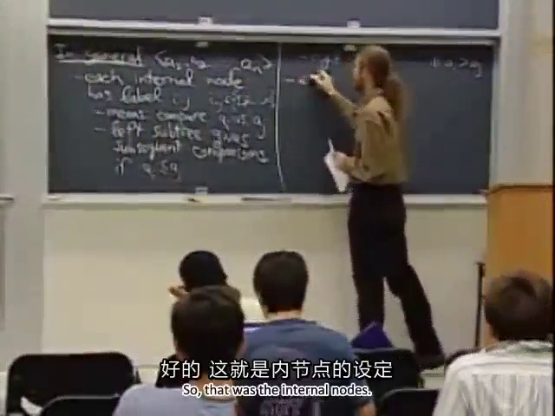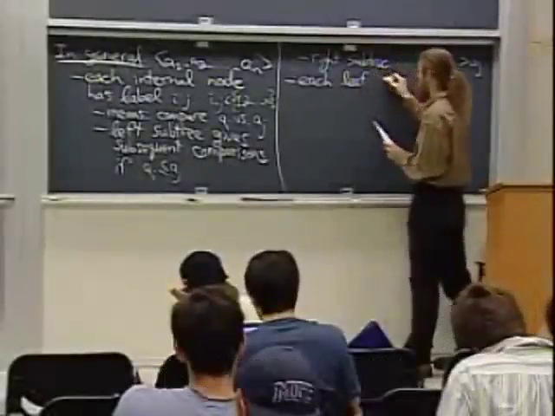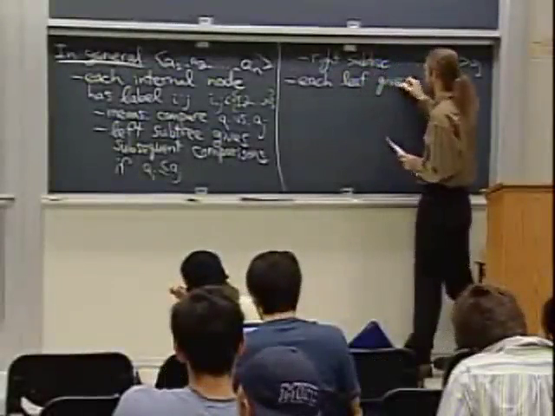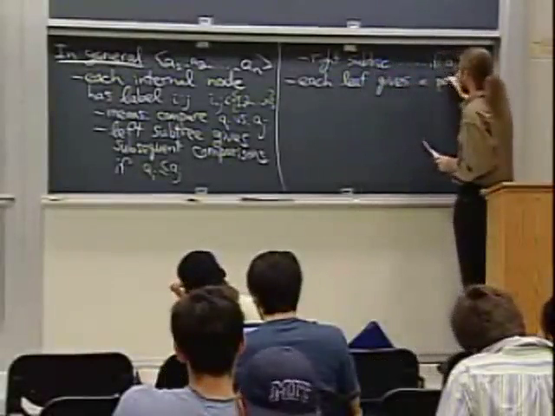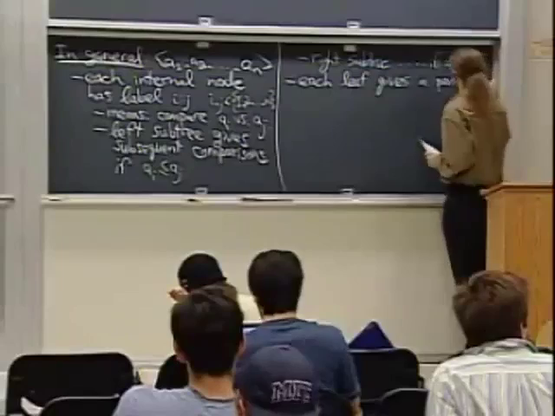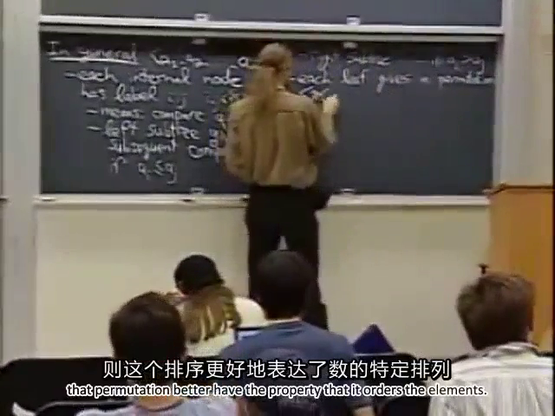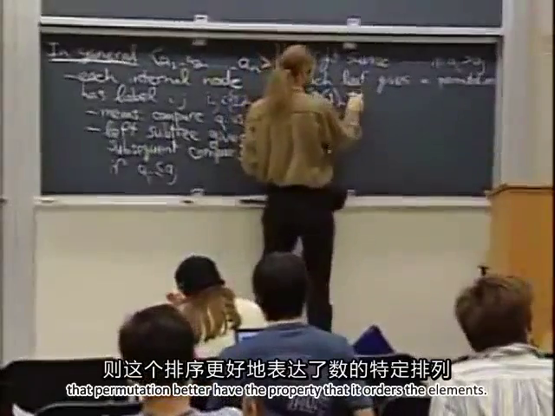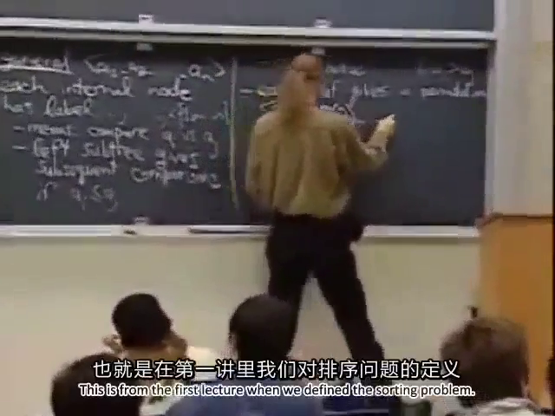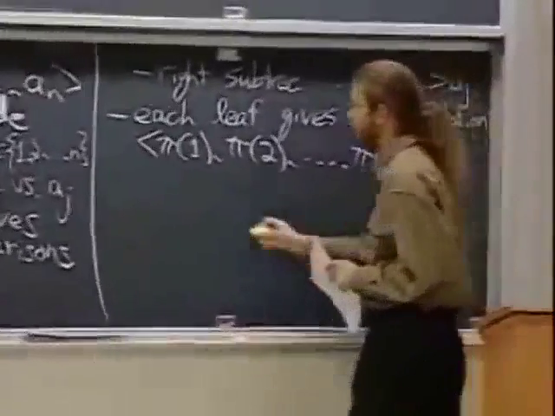So that was the internal nodes, and then each leaf node gives you a permutation. So in order to be the answer to the sorting problem, that permutation better have the property that it orders the elements. So this is from the first lecture when we defined the sorting problem.